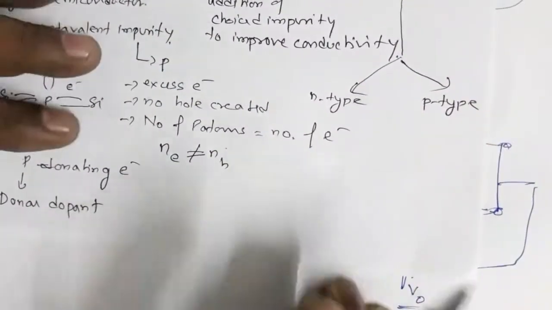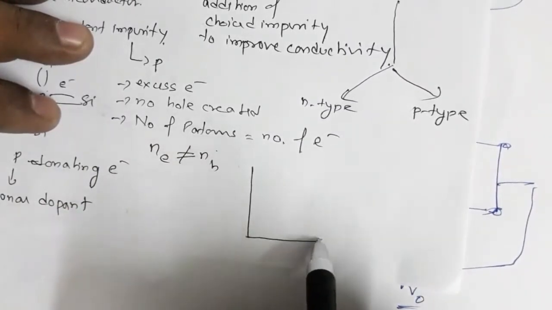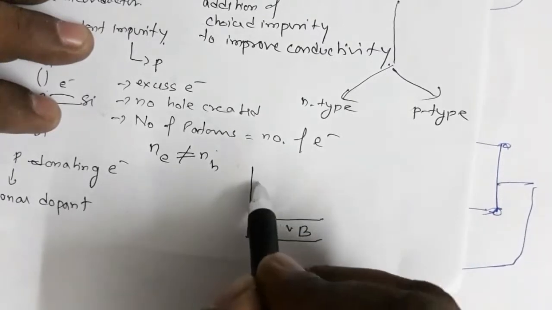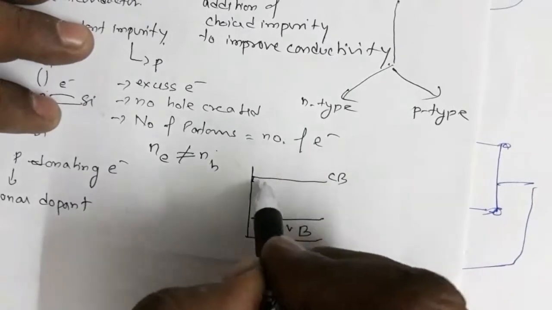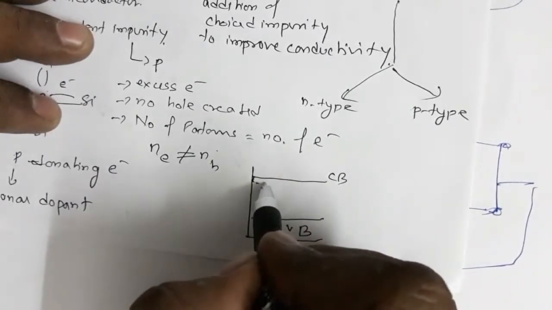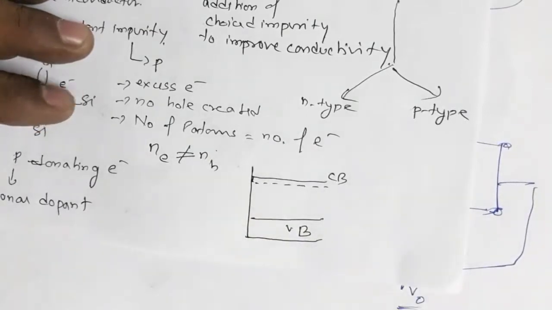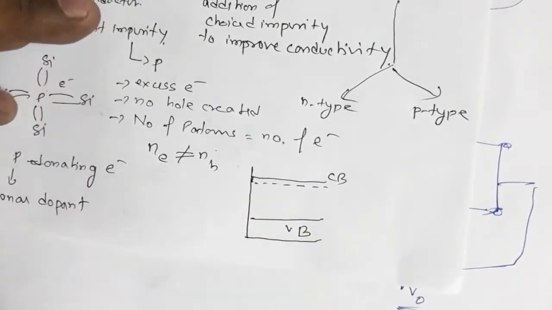Now if you see in the band diagram, suppose this is the valence band and this is the conduction band. These donor electrons have energy corresponding to the phosphorus atoms.